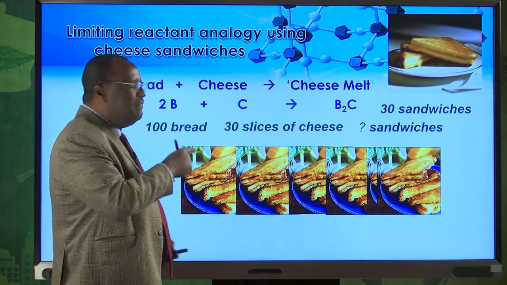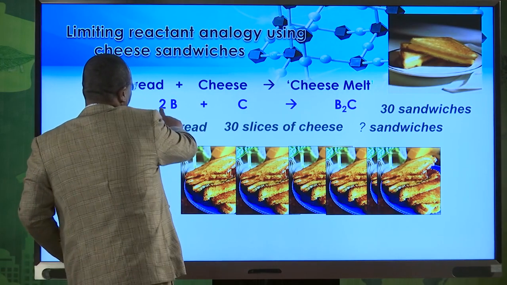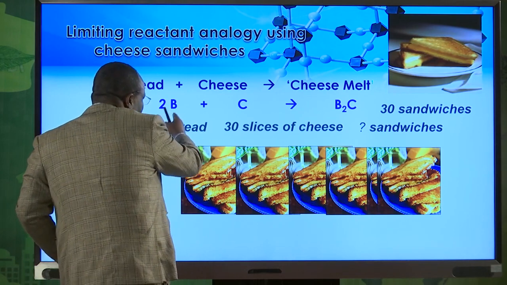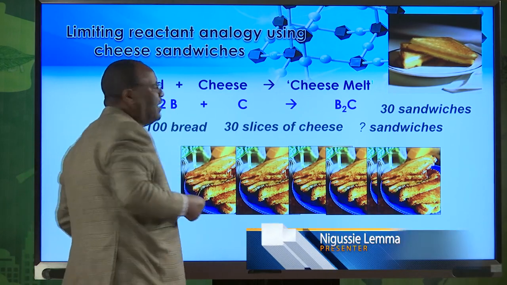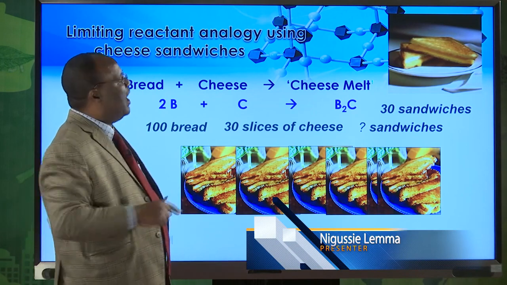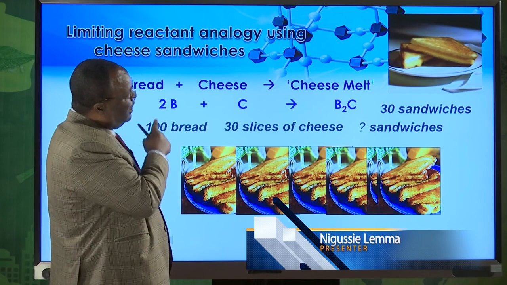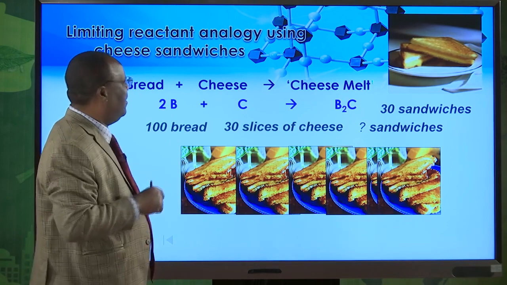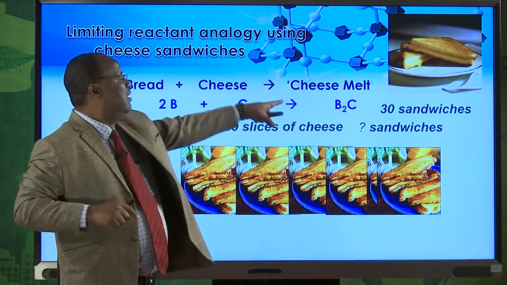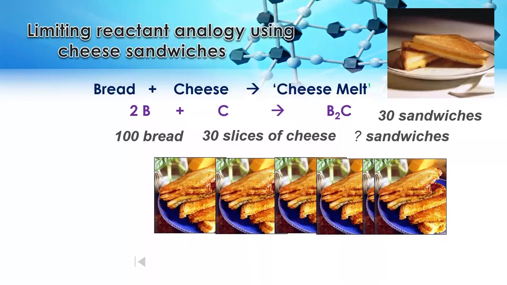Which reactant, the bread or the slices of cheese, determines the amount of sandwich that can be produced? You can only produce 30 sandwiches, so which remains in excess and which limits the amount of sandwich that can be produced in this case?